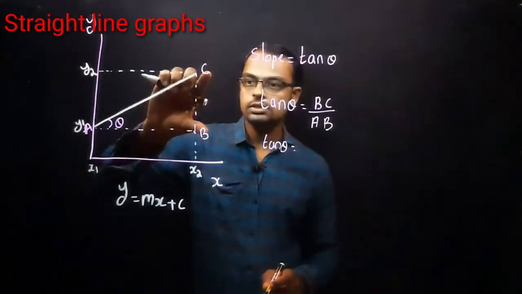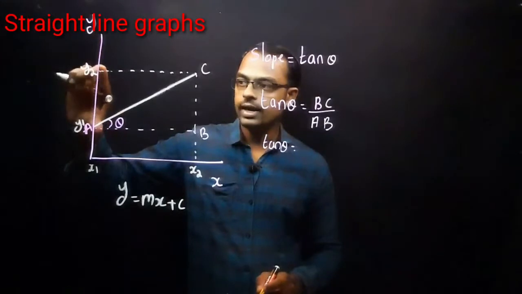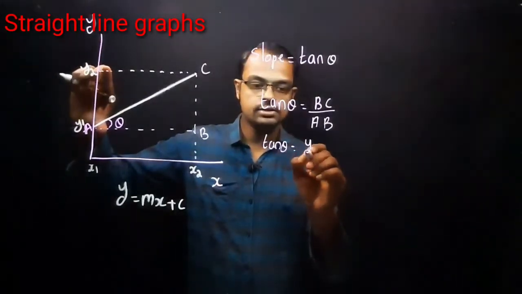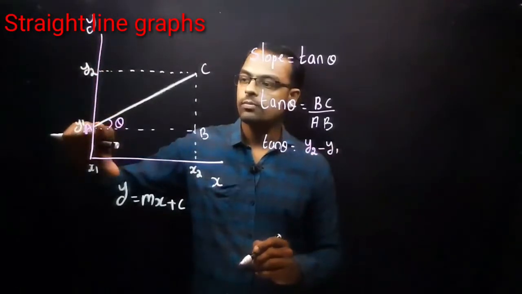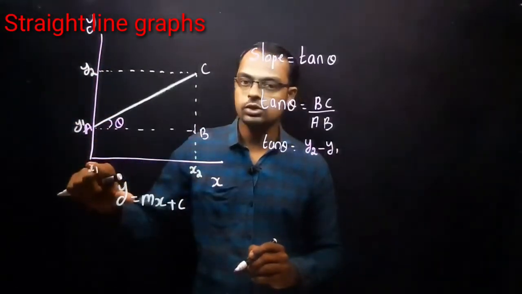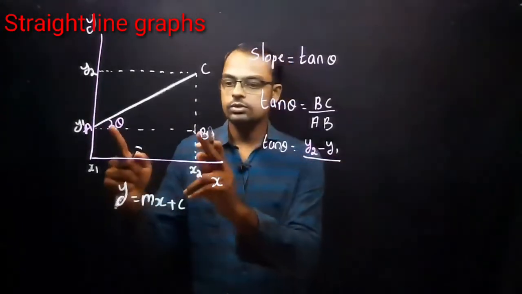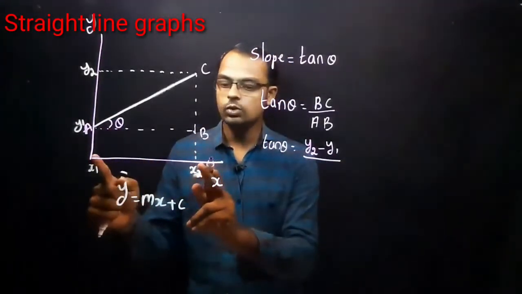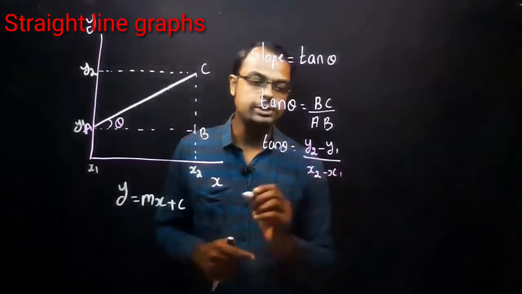BC you will get from the y-axis, which we can write as y2 minus y1, starting from origin. So y2 minus y1 divided by AB, which from the origin we can write as x2 minus x1.